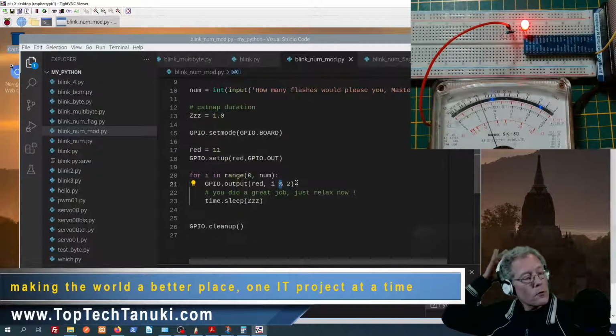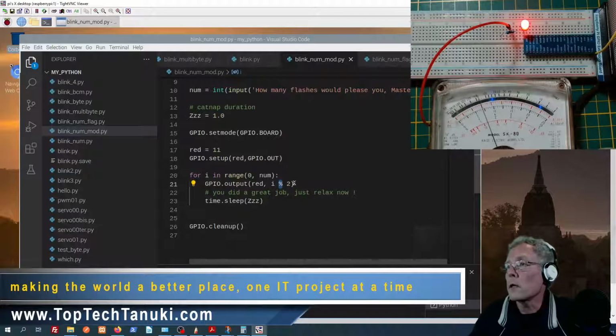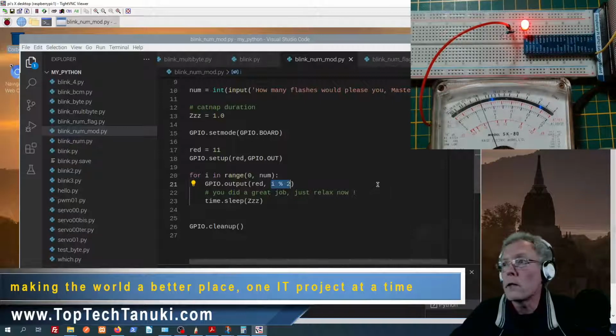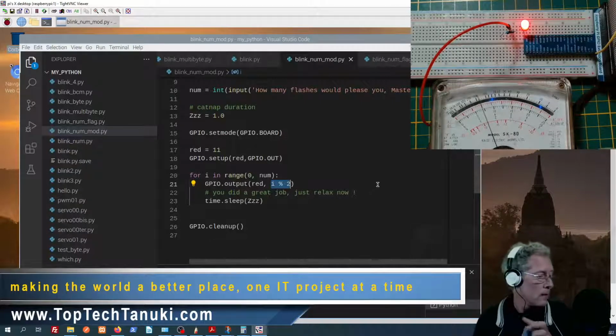Okay, so it's useful because you can easily make an alternate 0, 1, 0, 1, 0, 1, because any integer modulo 2 will always be 0 or 1, and that's just what we want here, because we want light or no light.